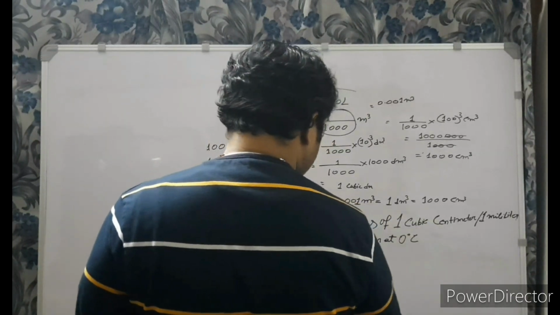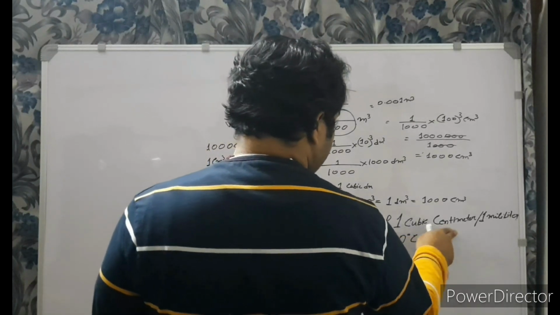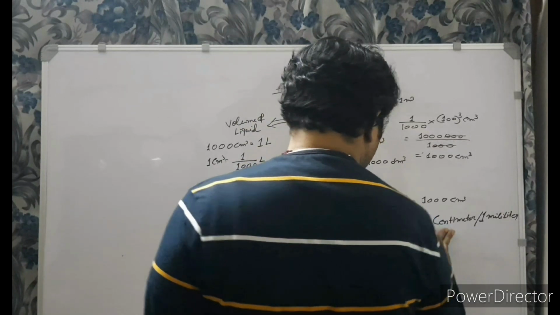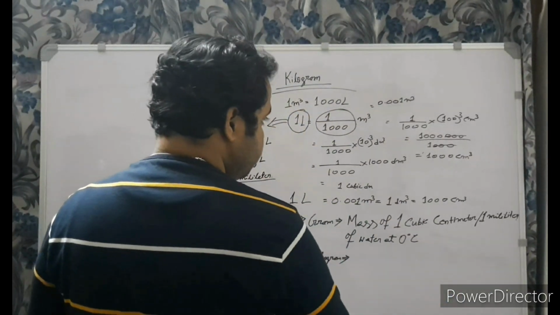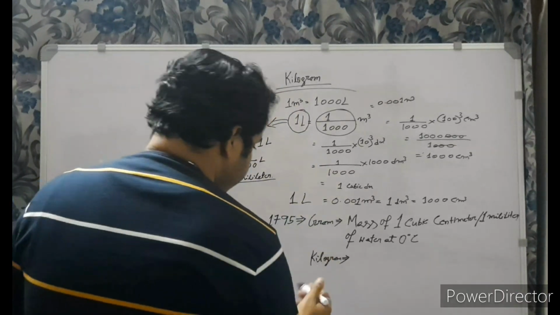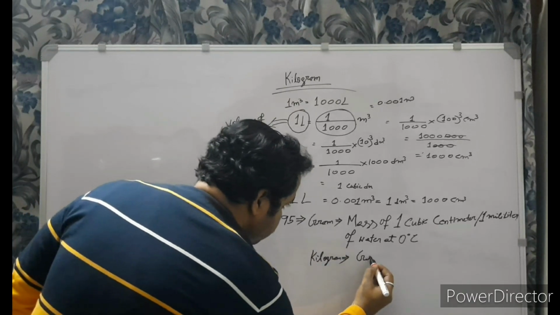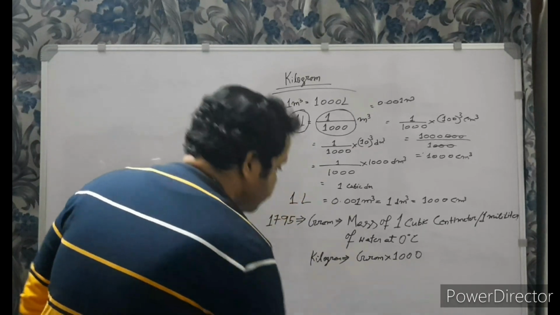If gram was the mass of 1 cubic centimeter, then kilogram would be 1000 cubic centimeter. Kilogram is equal to gram into 1000.